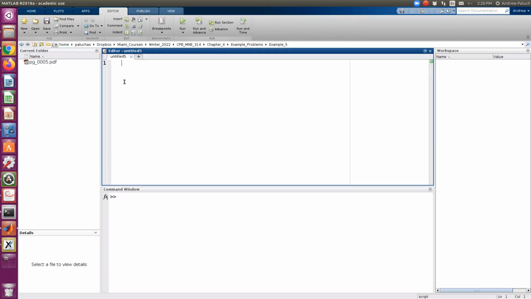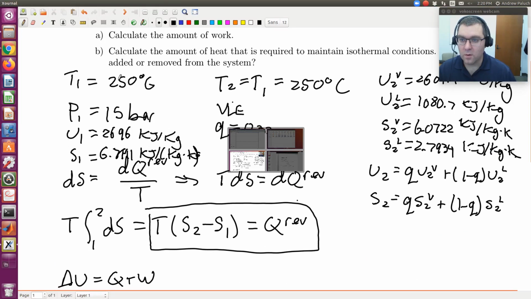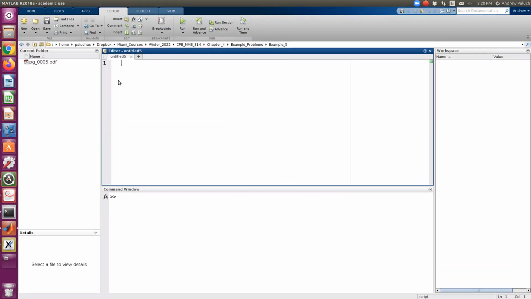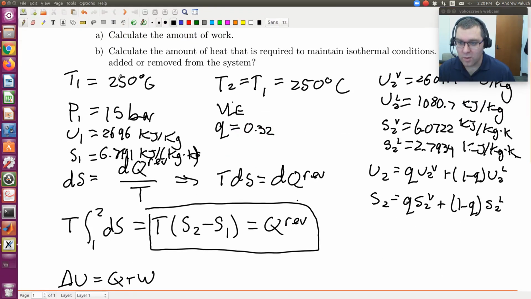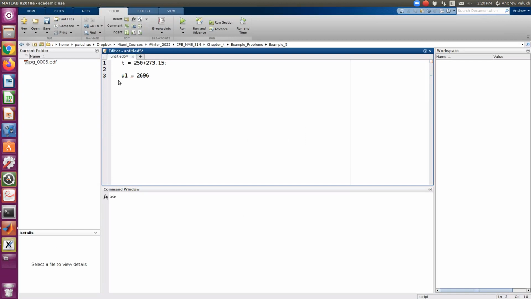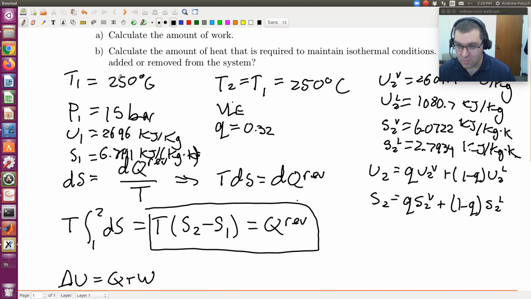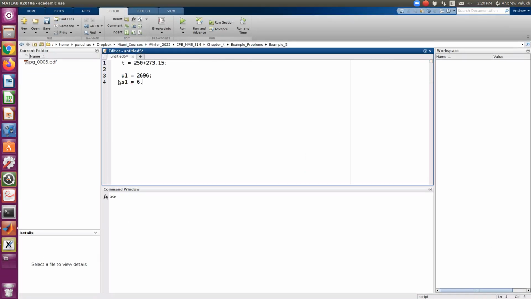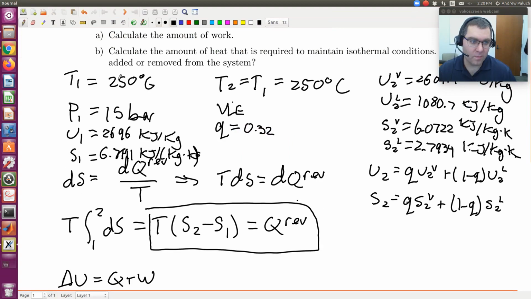Okay, so this is problem 5. In state 1, first I'm going to have T, so T1 is equal to T2 is equal to T. That's 250 plus 273.15, converting to Kelvin. So U1 is 2696. S1 is 6.7111. Then for U2, I'm going to have an entry for liquid and vapor for all of these.